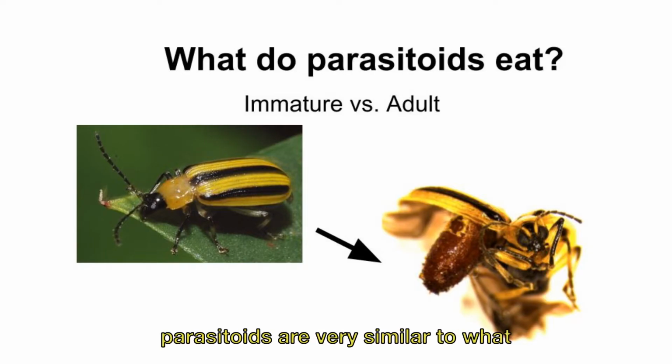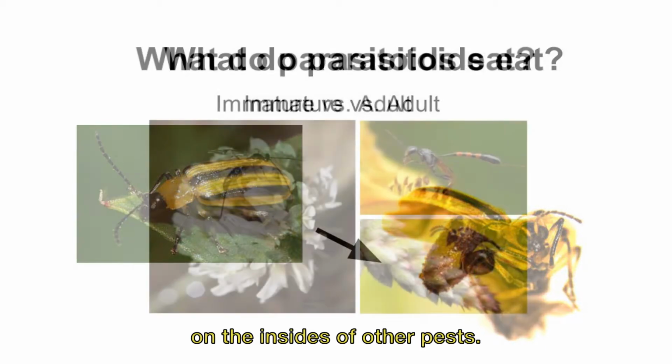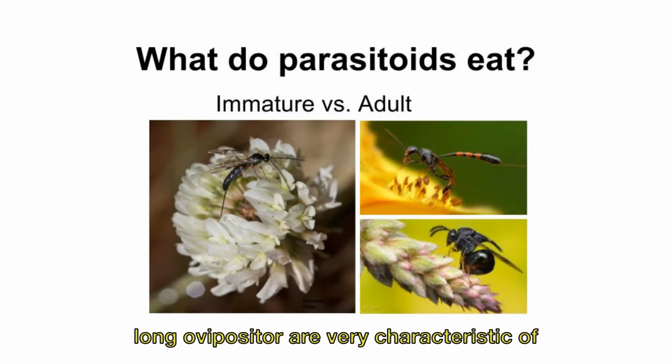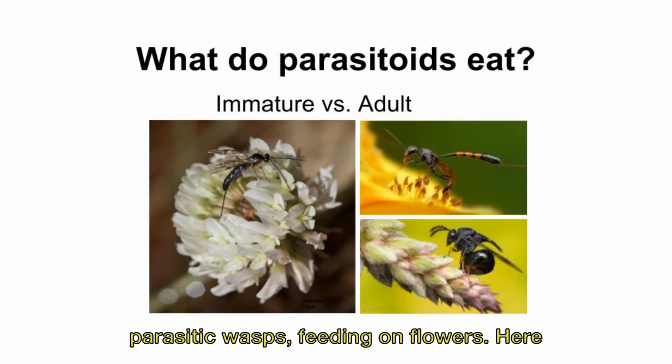The parasitoids are very similar to what I just described, where the adults are searching around to feed on nectar and pollen, and the larvae are feeding on the insides, usually on the insides of other pests. So here you can see a parasitic wasp. You can see the long ovipositor, very characteristic of parasitic wasps, feeding on flowers.